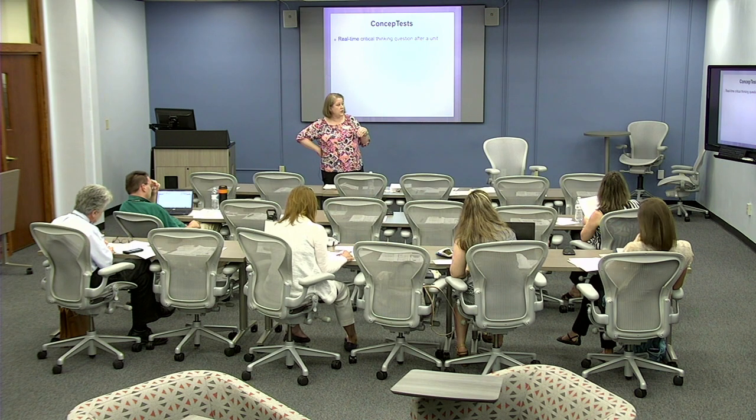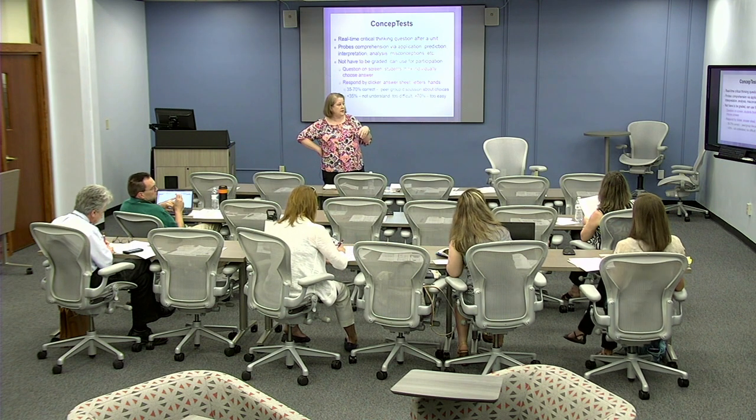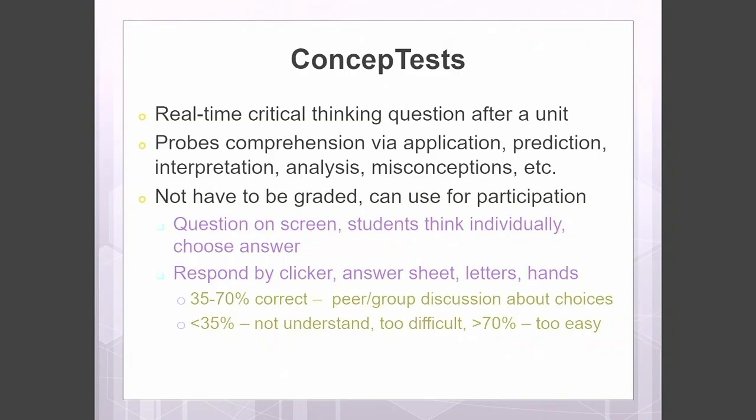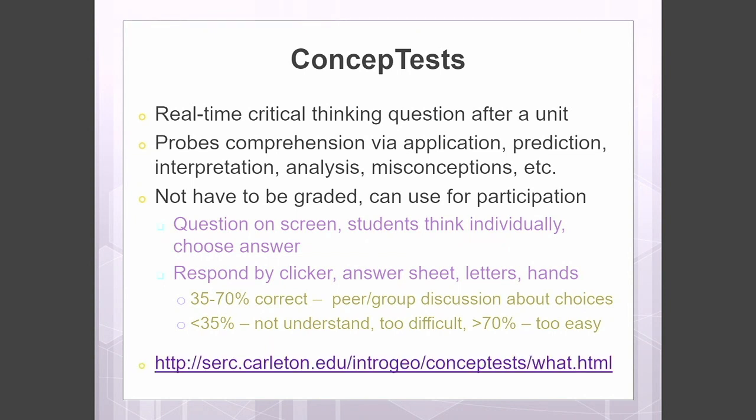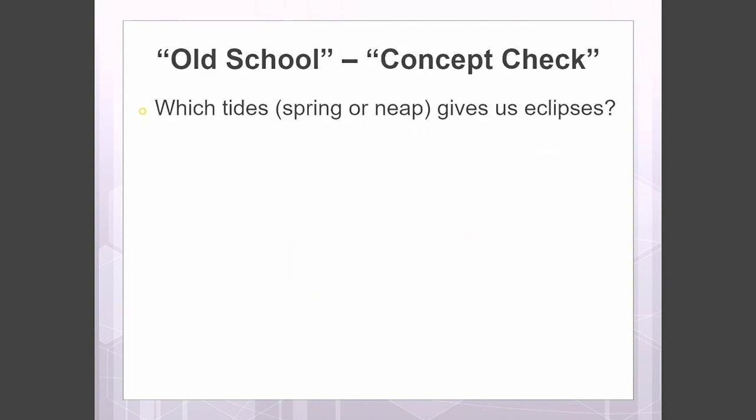I wanted to show you what a concept test is. This basically is, and you can go back and read this, a quiz question as you go through the class. It was developed especially for the sciences, but you can use it not just to ask basic content, but to have them think about something, like what will happen with this reaction. Here is my old school concept check.